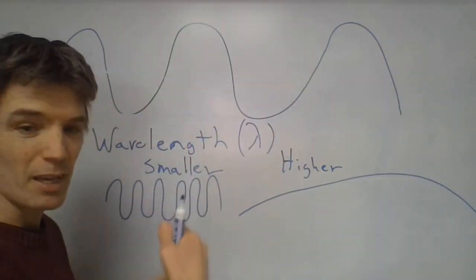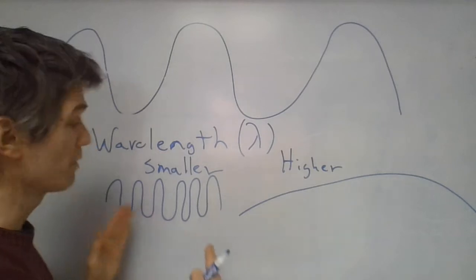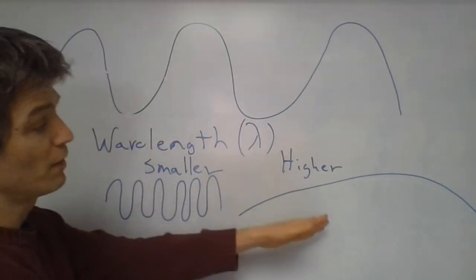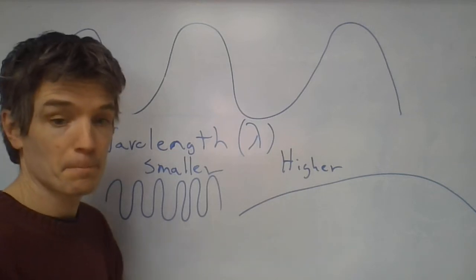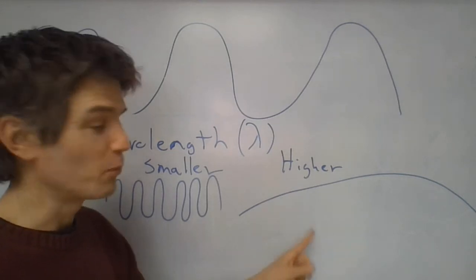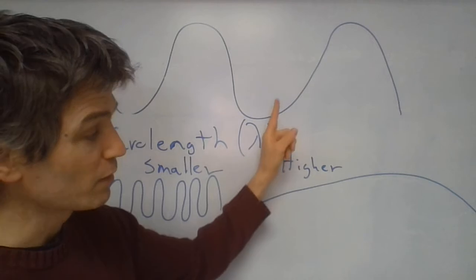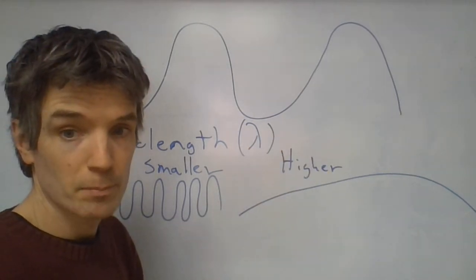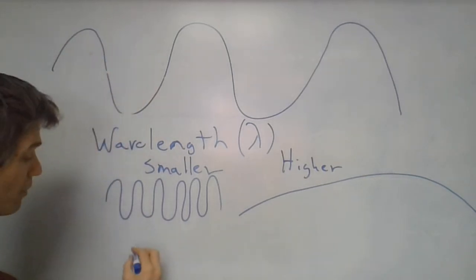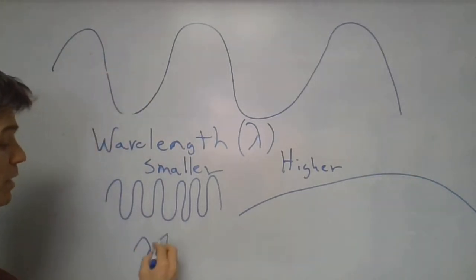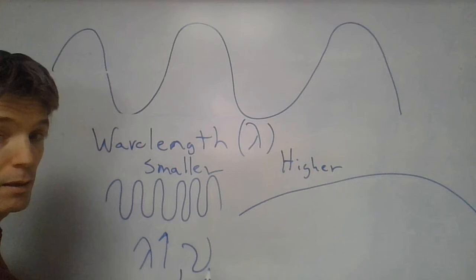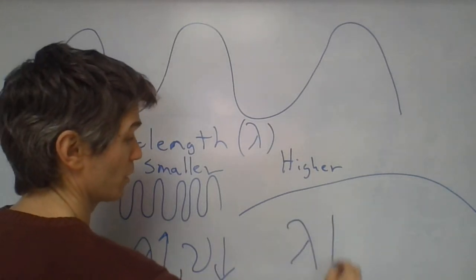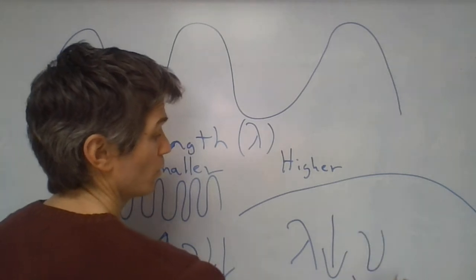Now, this is like the inverse of what happens to frequency. If I make the wavelength smaller, I make the frequency go up, and vice versa: when I make the wavelength higher, the frequency goes down. So as lambda goes up, nu goes down, and as lambda goes down, nu goes up.